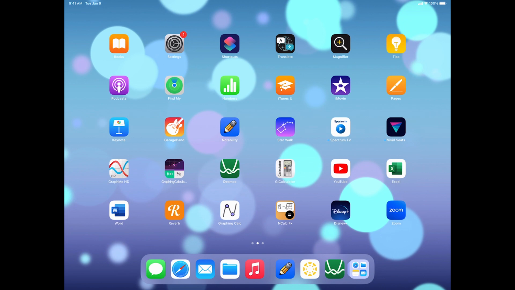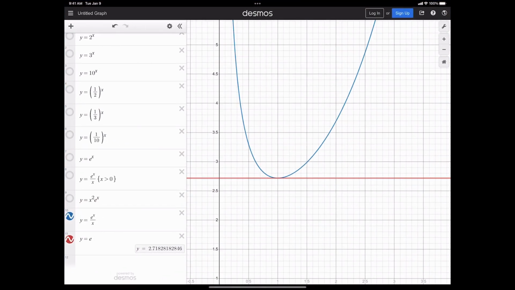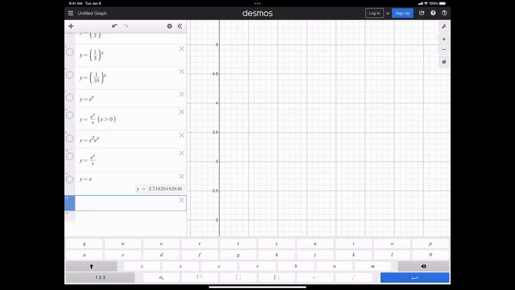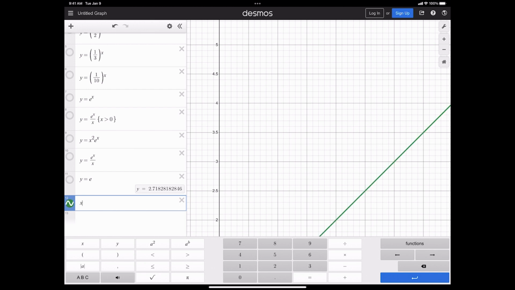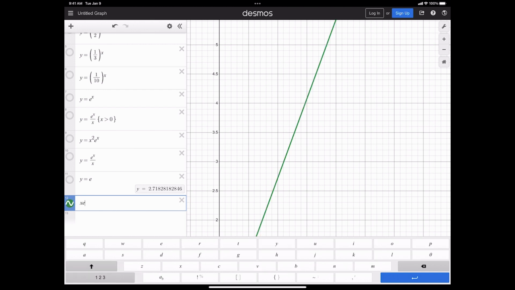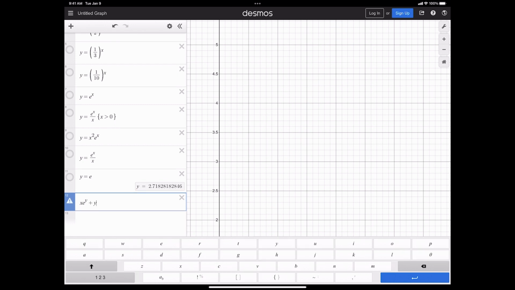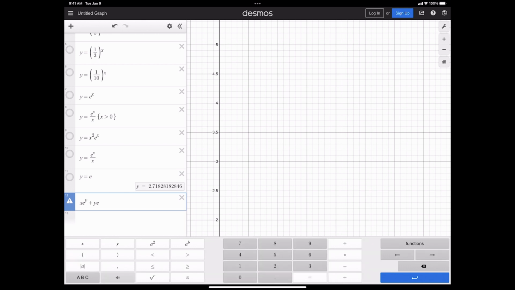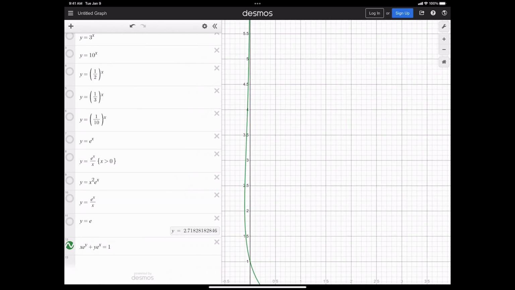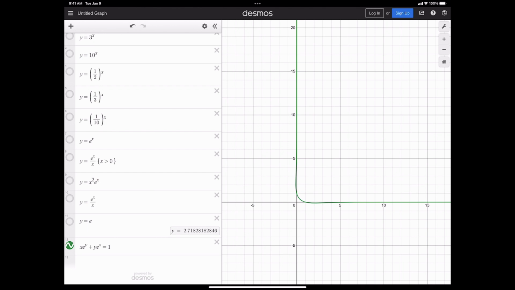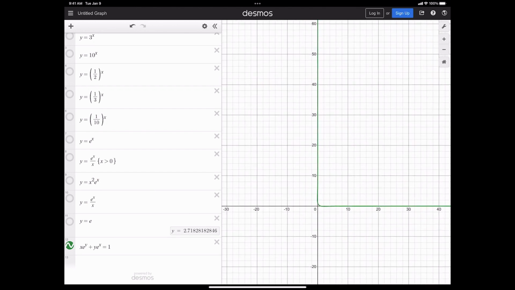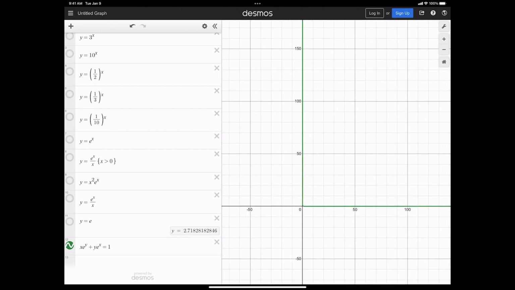Oh, that's not it. Where are you, Desmos? Okay. x e to the what? y. Plus y e to the what? x. That equals what? 1. And I don't know if you can see it. It might be too much for Desmos.